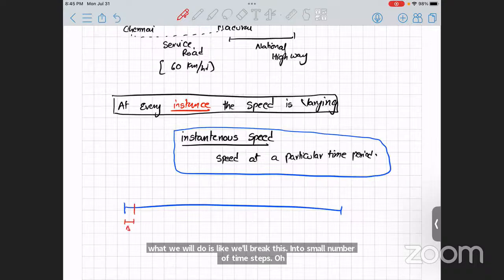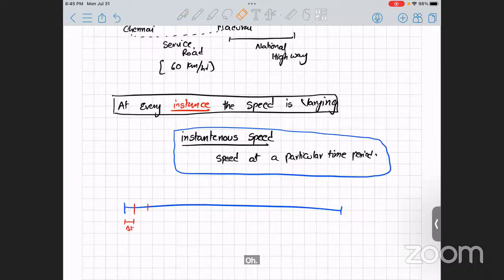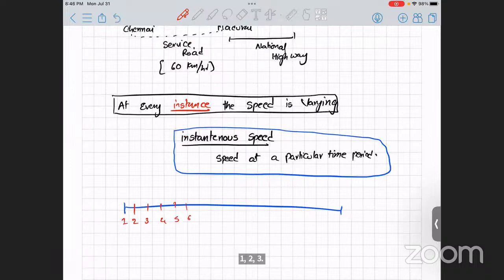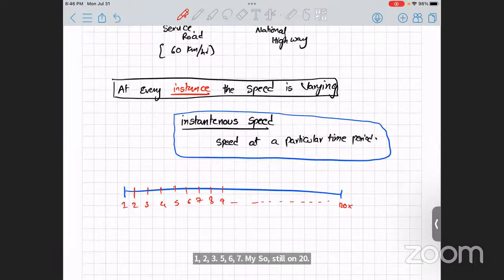First, we will break it into 1, 2, 3, 4, 5, 6, 7, 8, 9, and so on, till 12 hours.